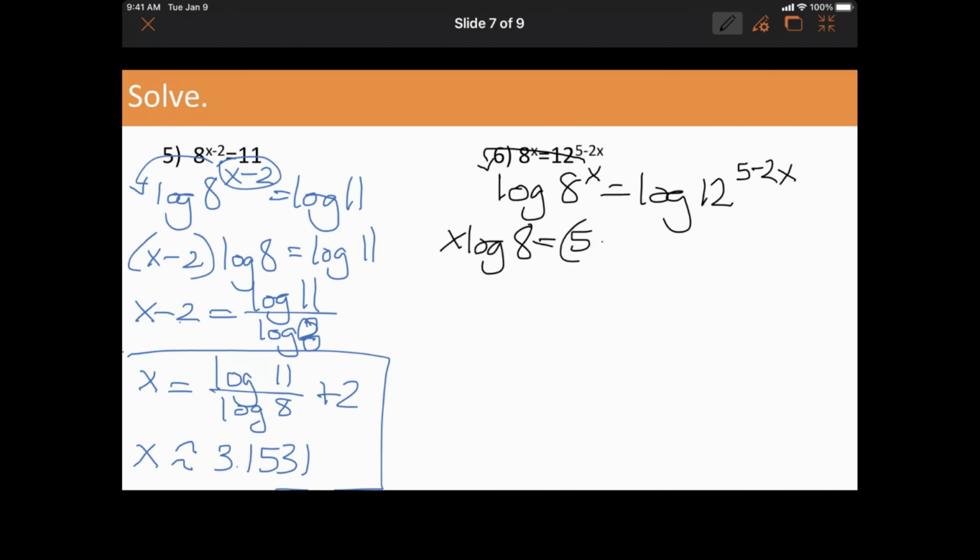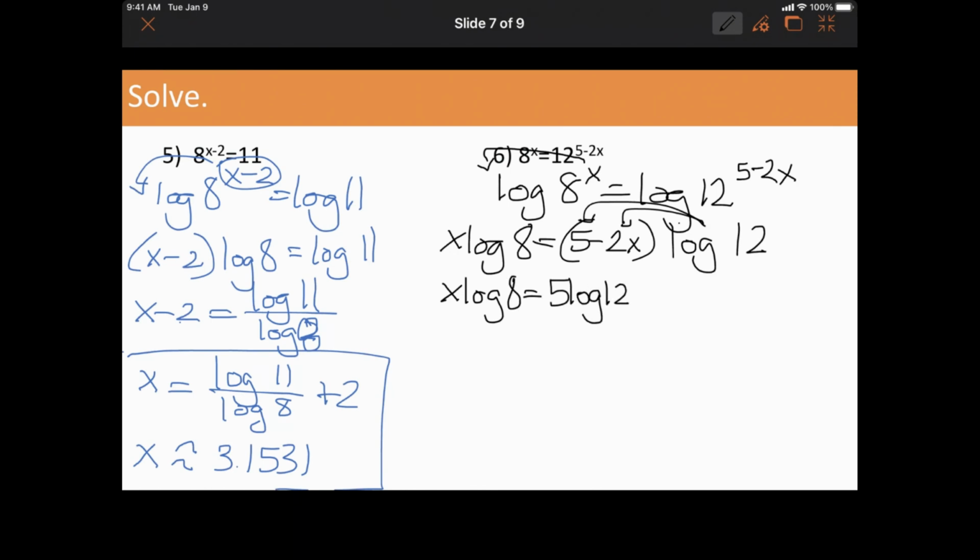Now I'm going to put the parentheses. Again, good habits in your math. Don't get lazy. These symbols are important. Now, because there's an x on both sides, I'm going to have to distribute this side.